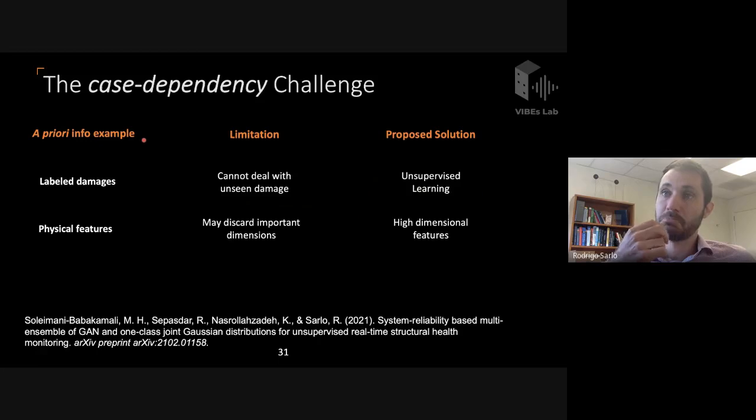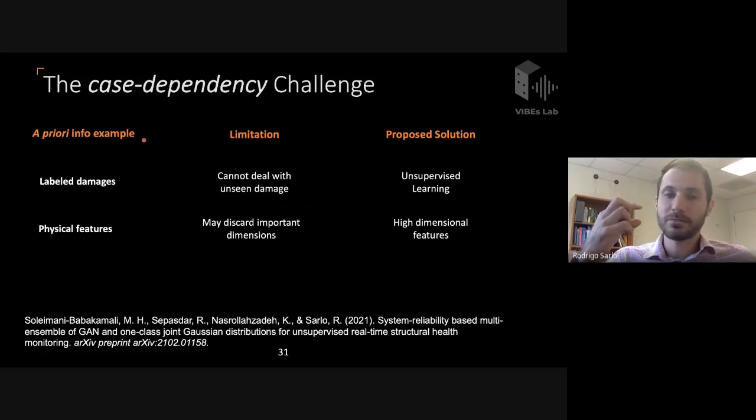These might be, in a simple case, modal frequencies or modal parameters, spectral energy quantiles, or more complicated unsupervised dimensionality reduction techniques, such as an autoencoder or something of that nature.